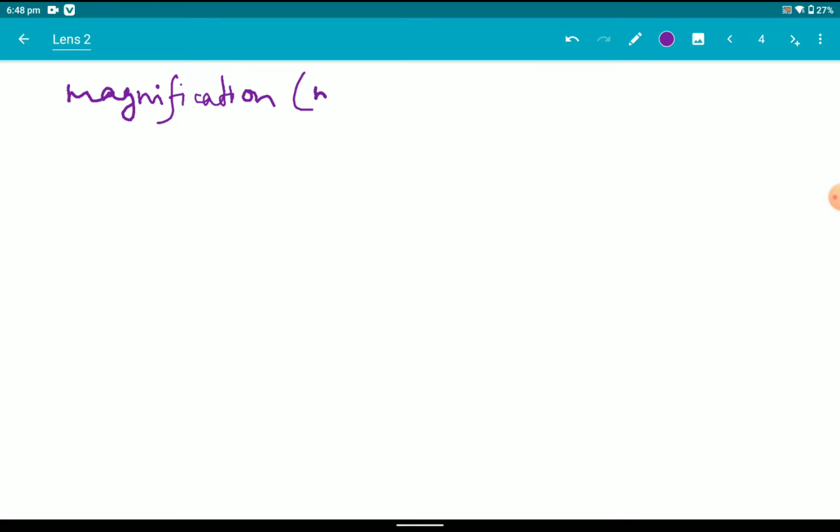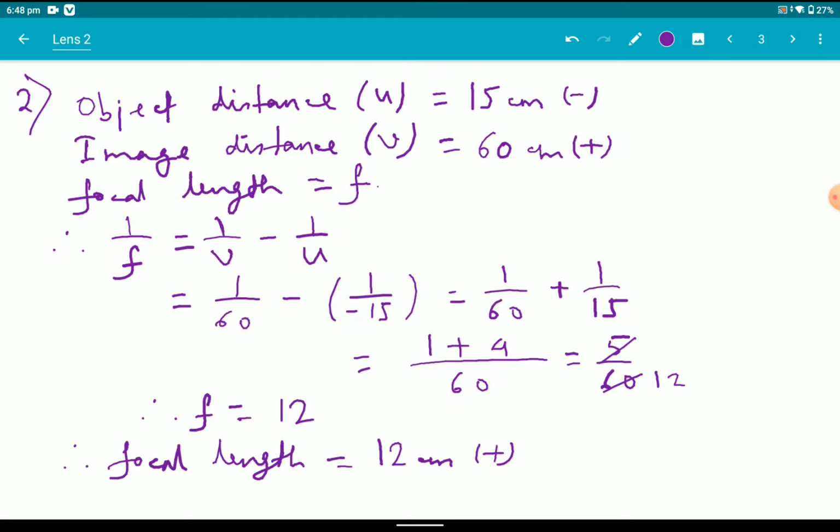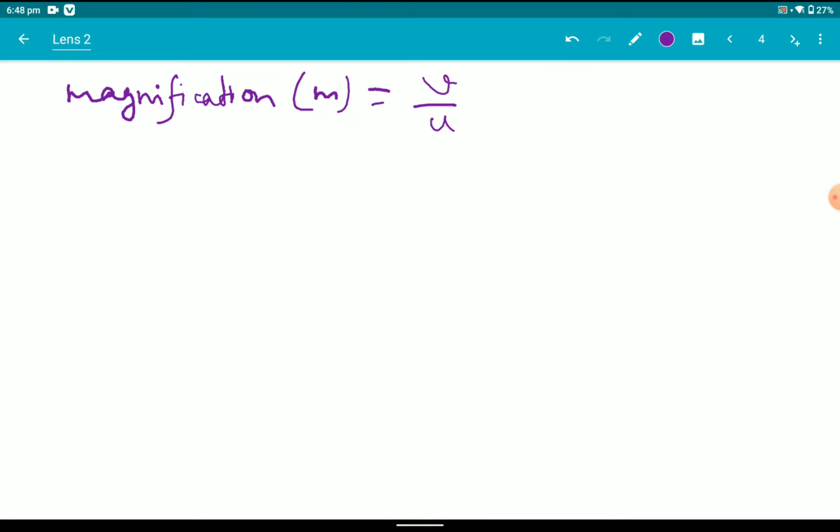What we will be using here is v by u, because we know the values of v and u. So v is 60 positive and u is minus 15. So m turns out to be minus 4, isn't it? Okay. So we obtain the value of the magnification.